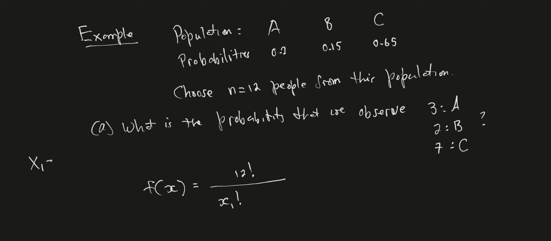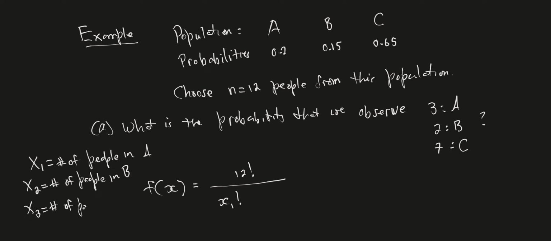So x1 is the number of people in A, and then let's say x2 is the number of people in B, and then finally x3 is the number of people in C, right? So we'll have a number here for x1 and then factorial, and then a number here for x2 factorial, and then a number here for x3 factorial.